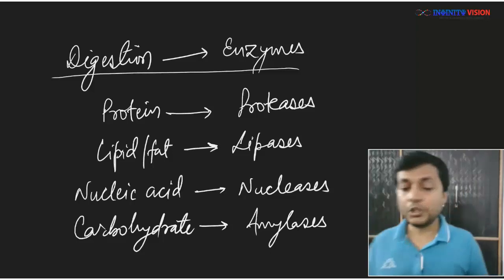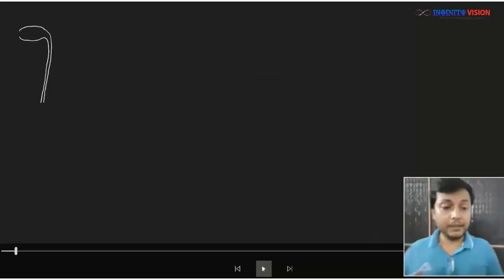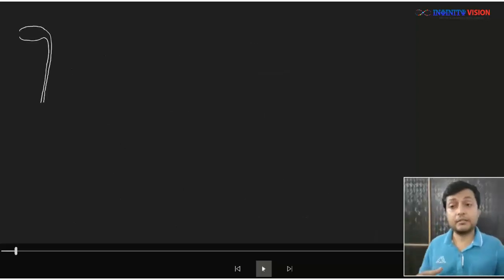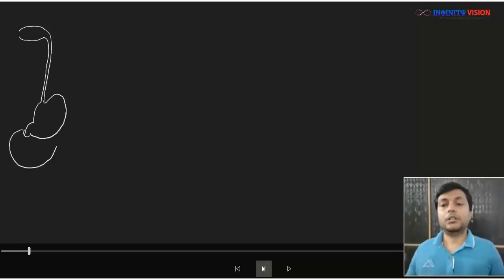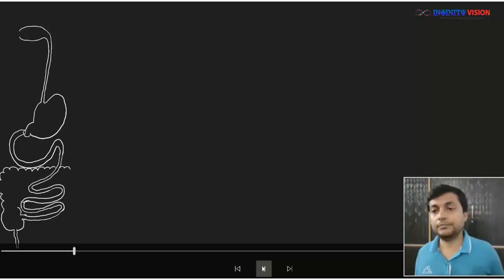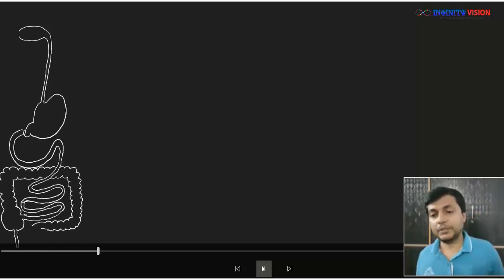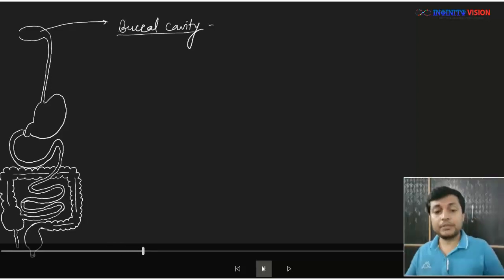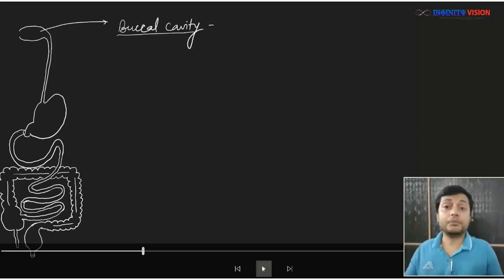Okay, great. Now let's see where and what is digested. For that, I am making here again an elementary canal. Now, the process of digestion starts from the buccal cavity.